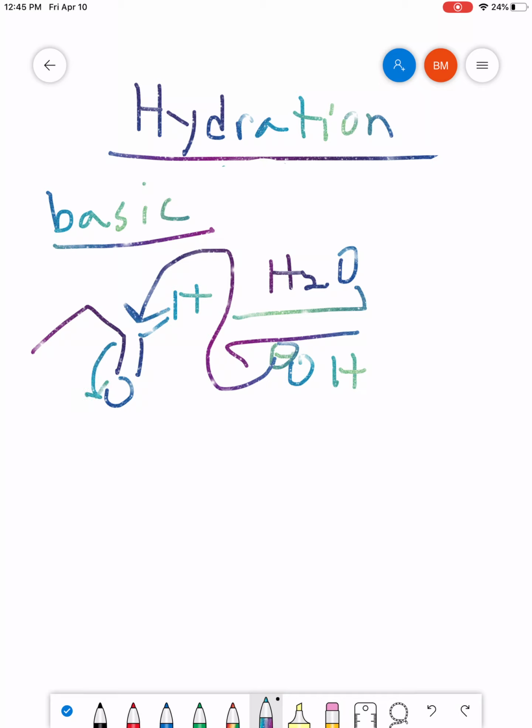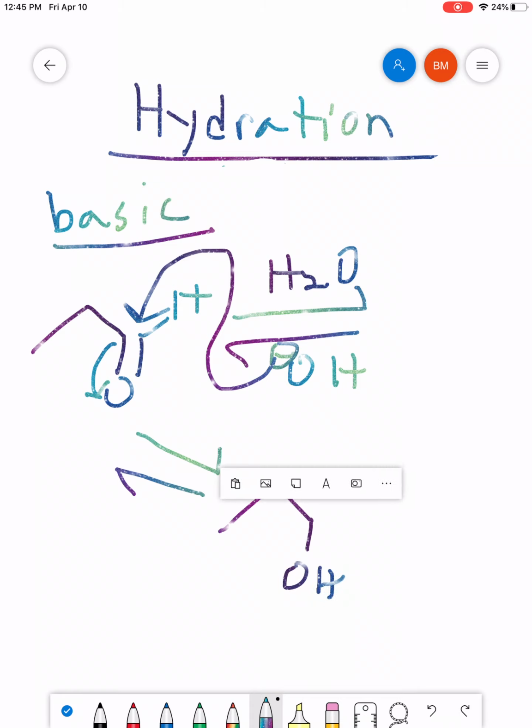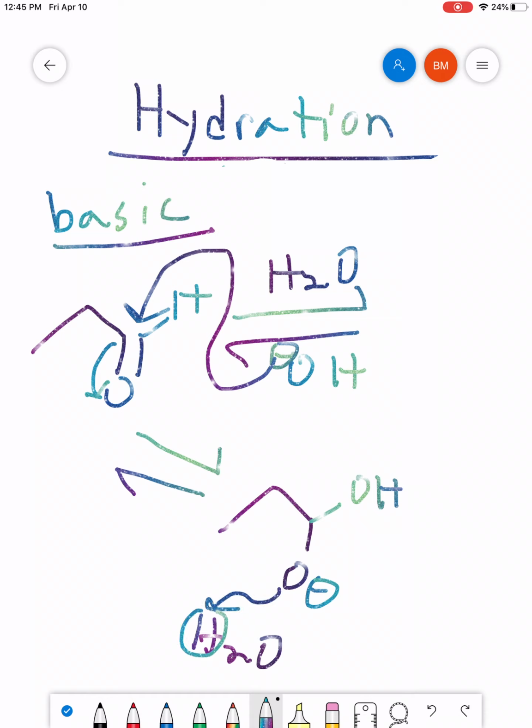These electrons are going to move up to the oxygen. Give you that. And then the water acts as a proton source for that negative oxygen, and boom, there's your product. There's your gem diol. Very, very simple process.